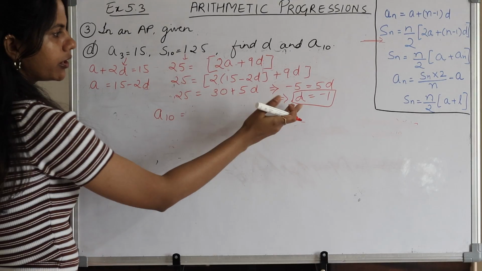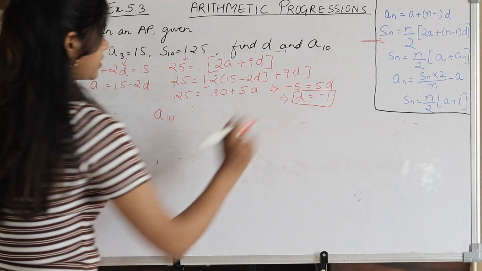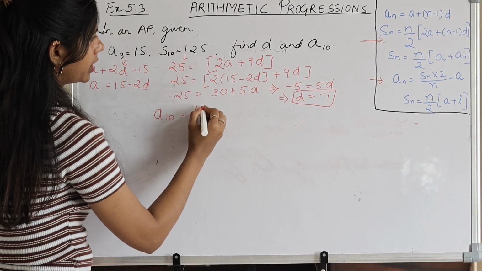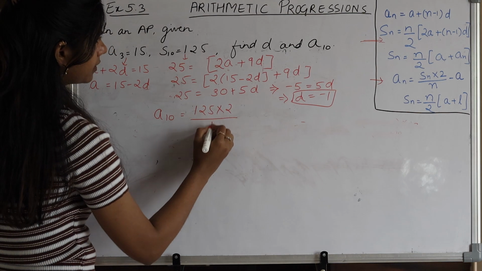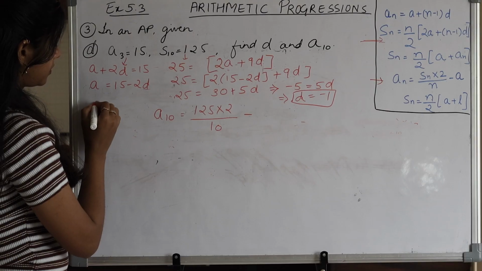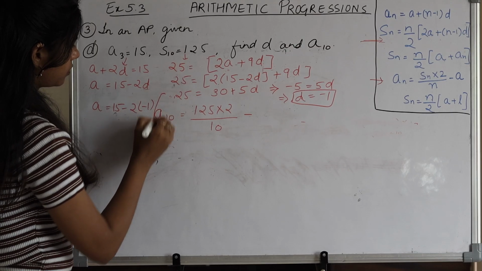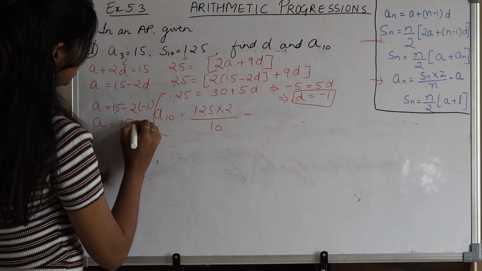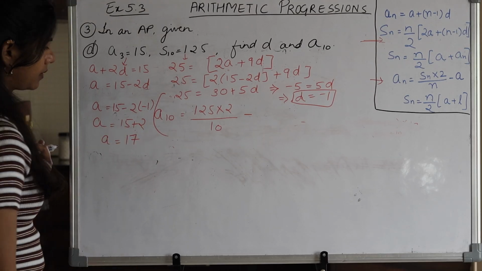A also we can find out, d we already know. In that way also we can calculate. For me, I will just use this formula. S10 is 125 into 2 by n, which is 10, minus a. So a equal to 15 minus 2 times minus 1, so a equal to 17.